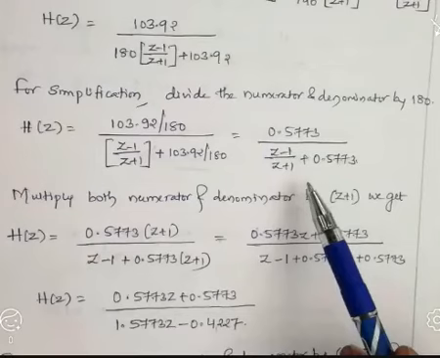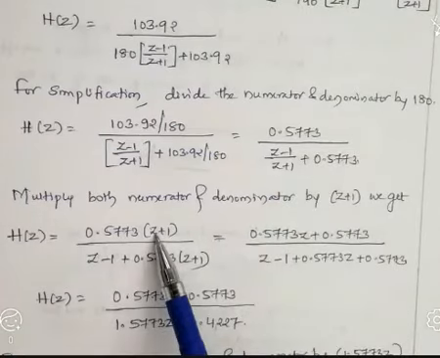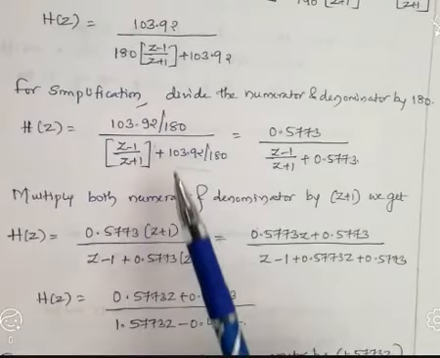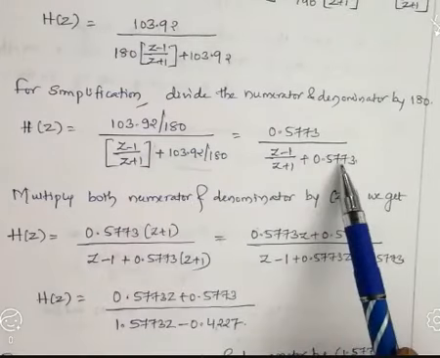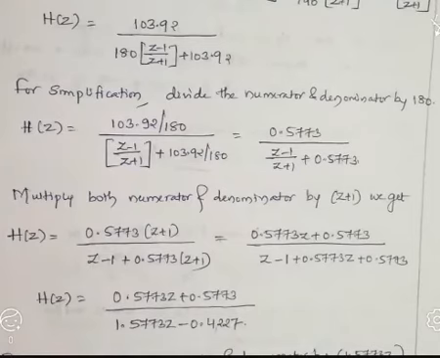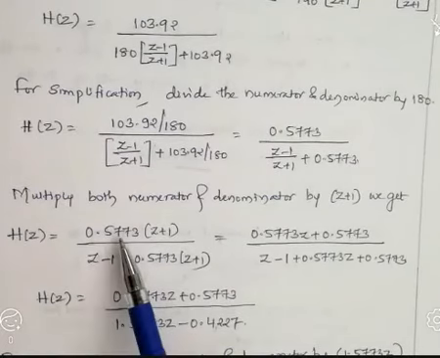That gives 0.5773 multiplied by (z plus 1) in the numerator. In the denominator, (z plus 1) multiplied by this term cancels with the z plus 1, leaving z minus 1 plus 0.5773 into (z plus 1). Next, multiplying the terms, we get 0.5773 z plus 0.5773 over z minus 1 plus 0.5773 z plus 0.5773.